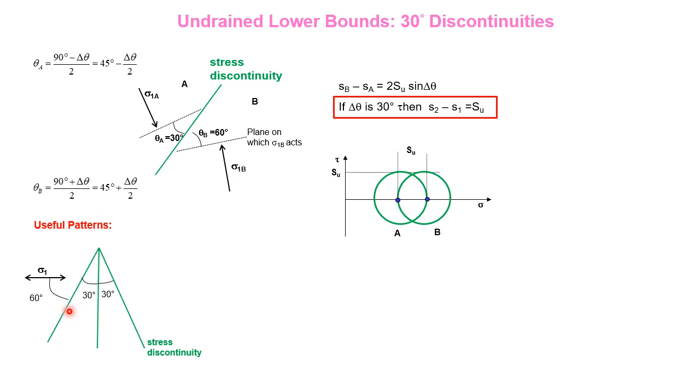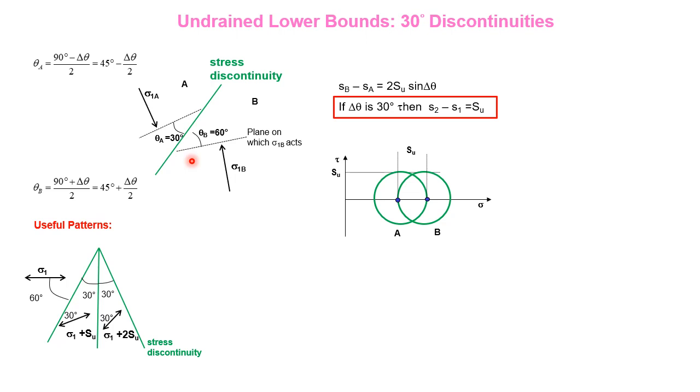The major principal stress will rotate by 30 degrees, and it will increase by SU. That's because the discontinuity is at 30 degrees like this. That one is now approaching this discontinuity in the same geometry. That's 60 degrees, or if you want to think in terms of the plane it's acting on, that's at 30 degrees, like that. Same thing. The stress will increase by SU, so now it becomes sigma 1 plus 2SU. That's at 30-degree rotation.